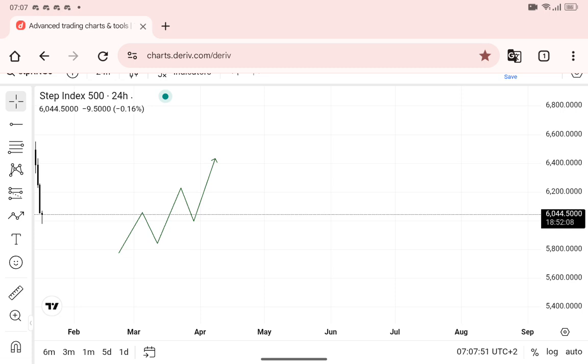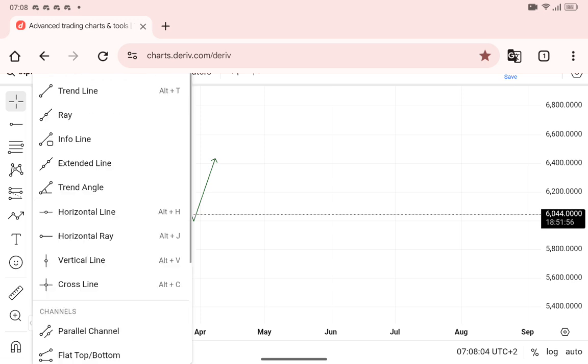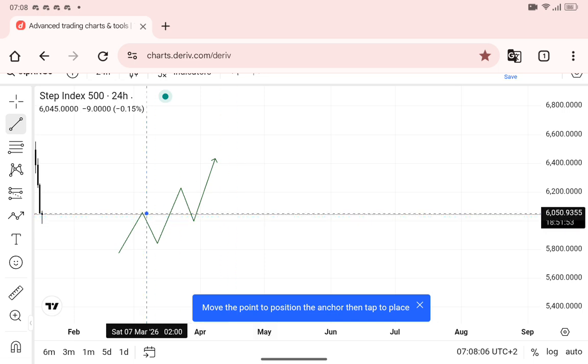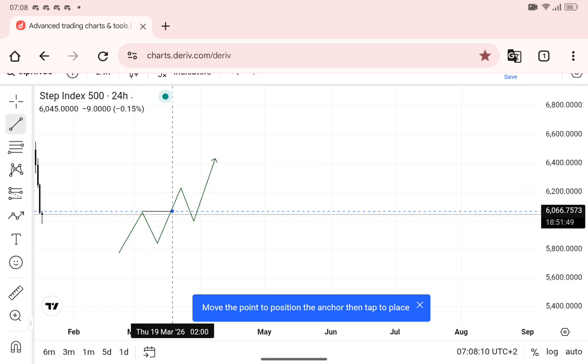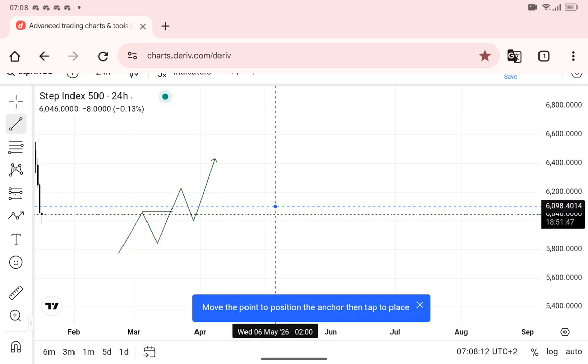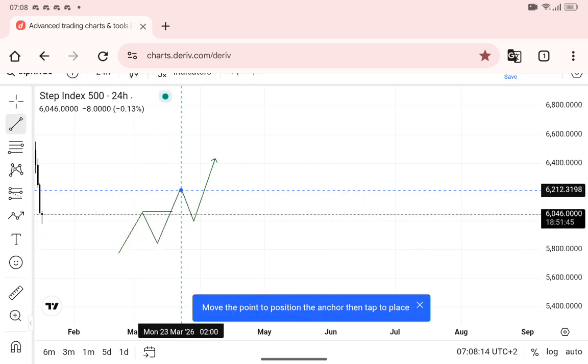And when price is in a bullish trend or in an uptrend, it's respecting lows and disrespecting highs. What I mean is, when you are in a bullish trend, you will see price breaking highs and respecting lows.